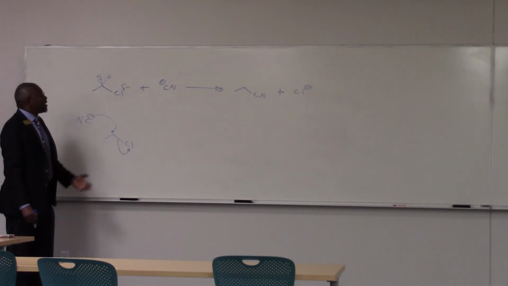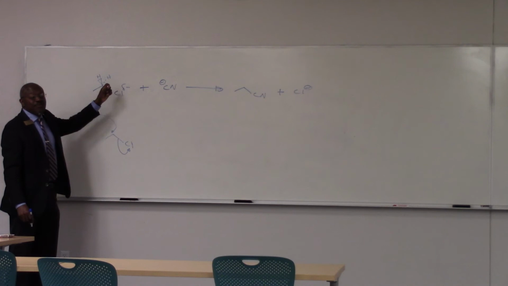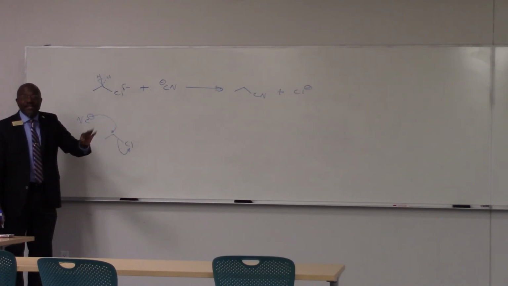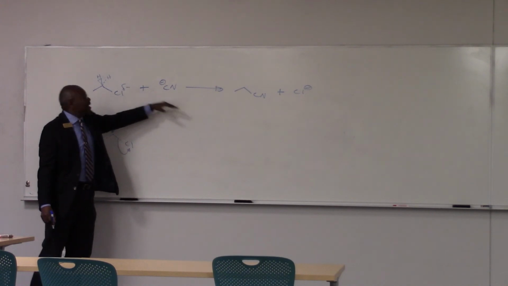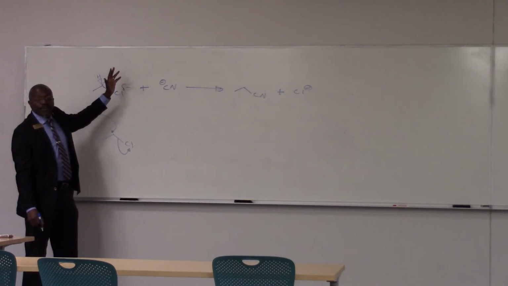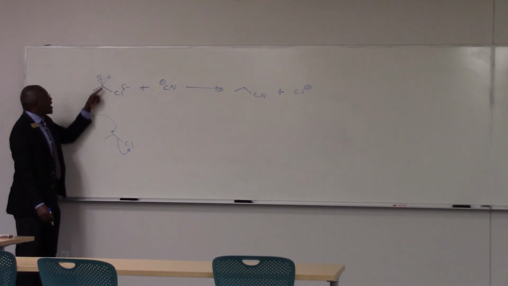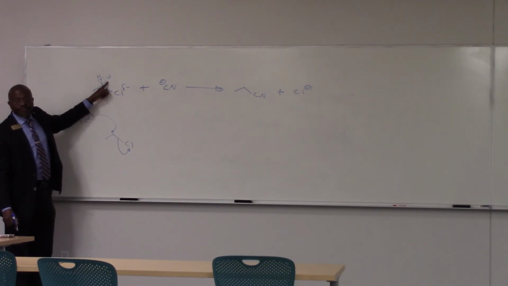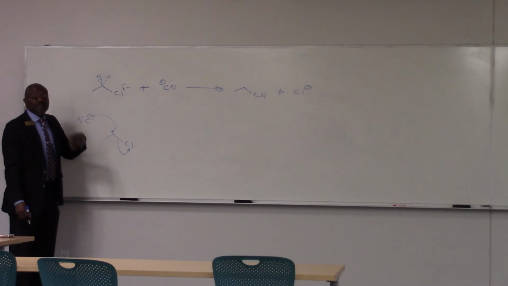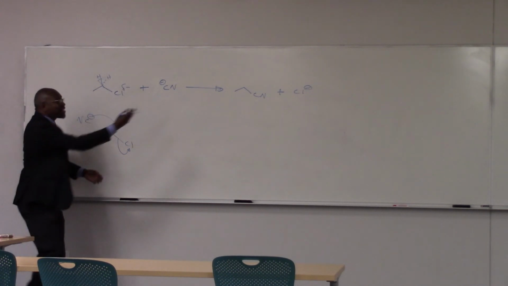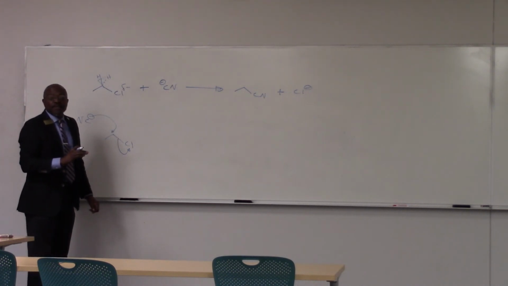And besides, H minus is a very strong base. We can't have a weak base make a stronger base. So when the cyanide attacks, I can't lose H minus, one because it's a very strong base, and two because that's not my product.